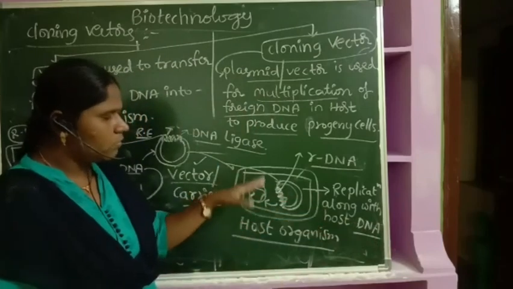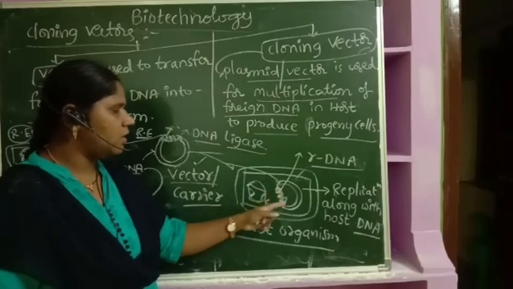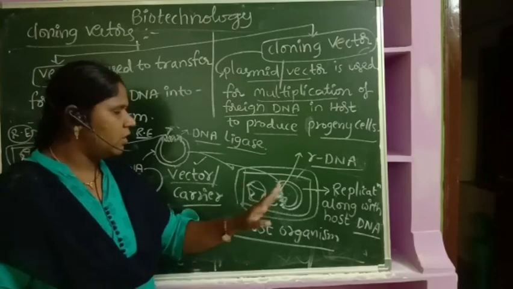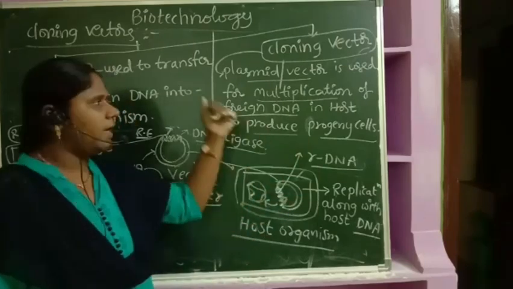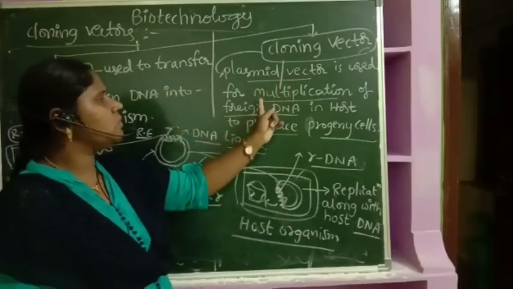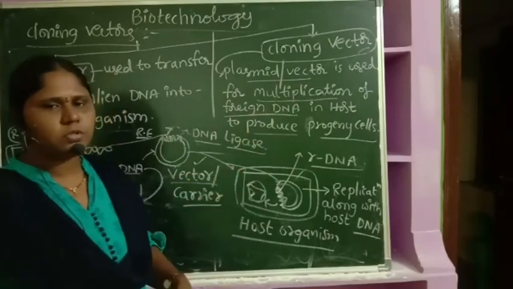Host DNA is undergoing replication, and the vector plasmid which carries recombinant DNA also undergoes replication along with the host DNA. It will not drop and it will not go out like a vector. It stays inside the host. So this is used for multiplication of foreign DNA in the host to produce progeny cells.